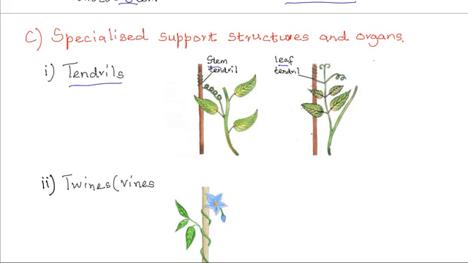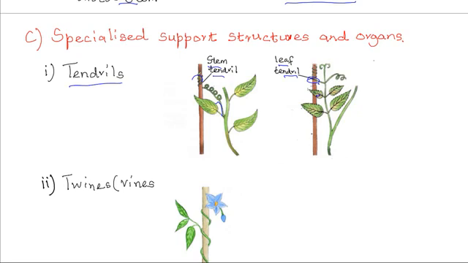Tendrils are slender structures that are modified in such a way that they are able to coil themselves around another plant or another object for support. So we have stem tendrils, those that are modified from a branch of a stem, or leaf tendrils, which are modified leaves.